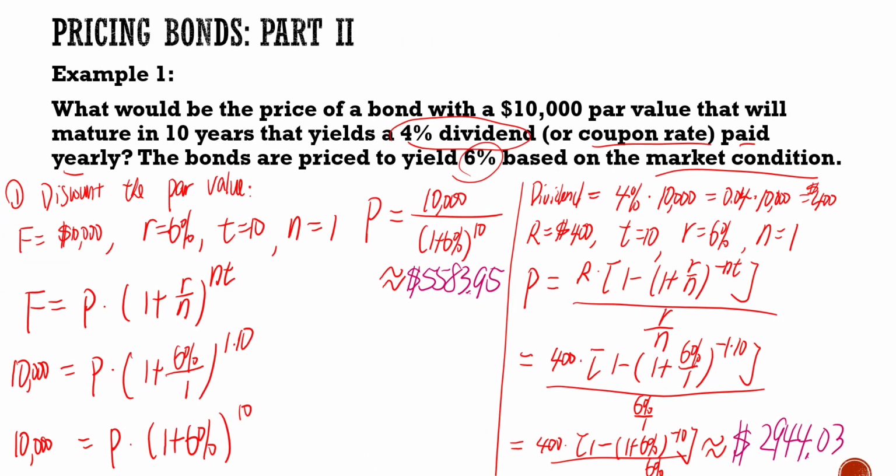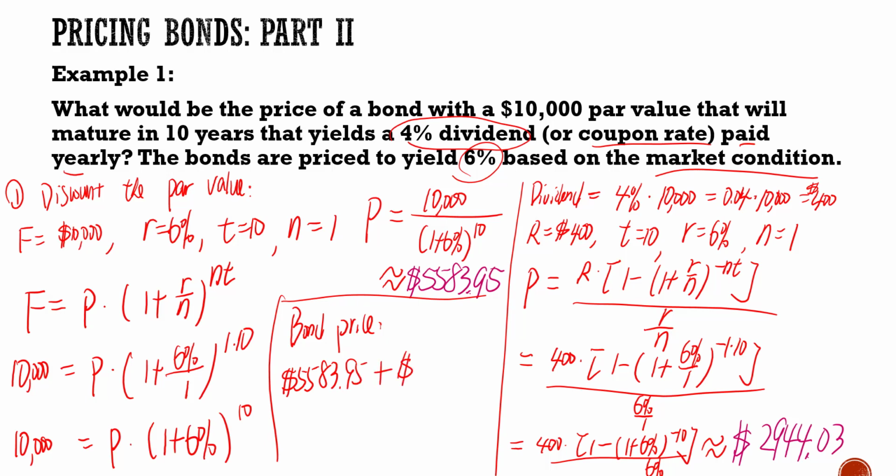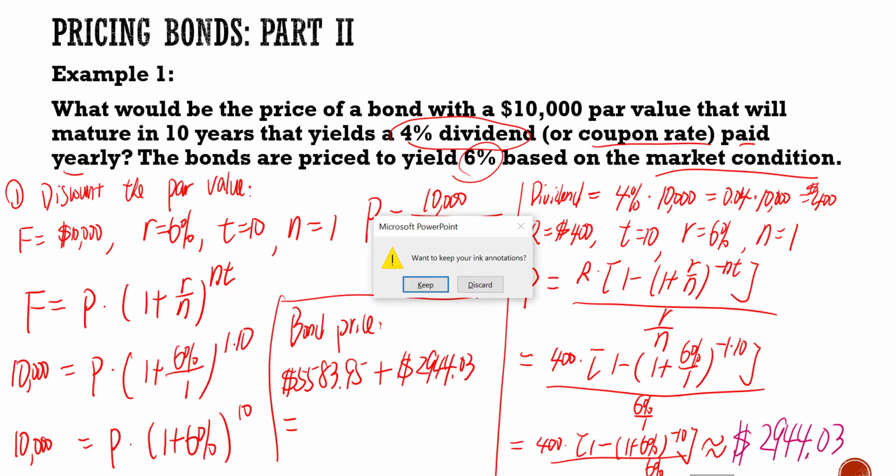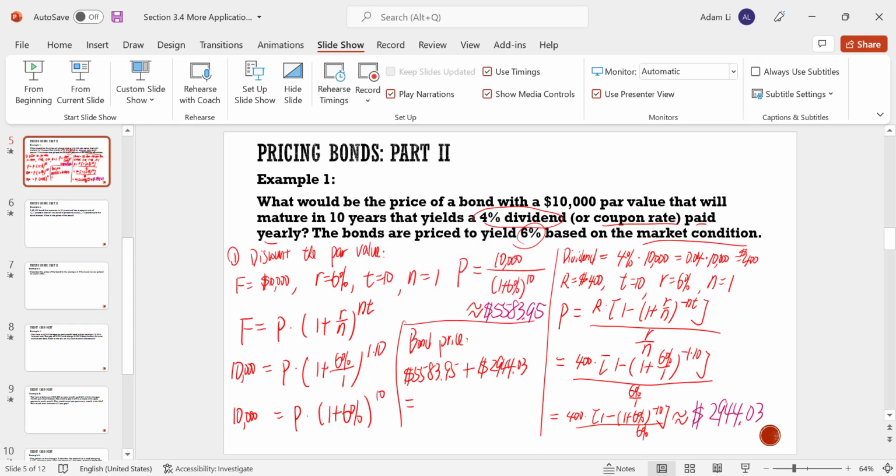So the final bond price is adding those two amounts: $5,583.95 plus $2,944.03. And the total is the bond price. The total is how much the investor has to put down in order to hold a bond.